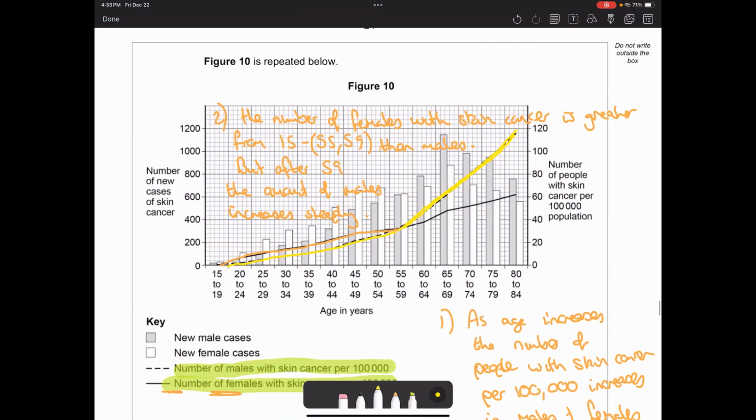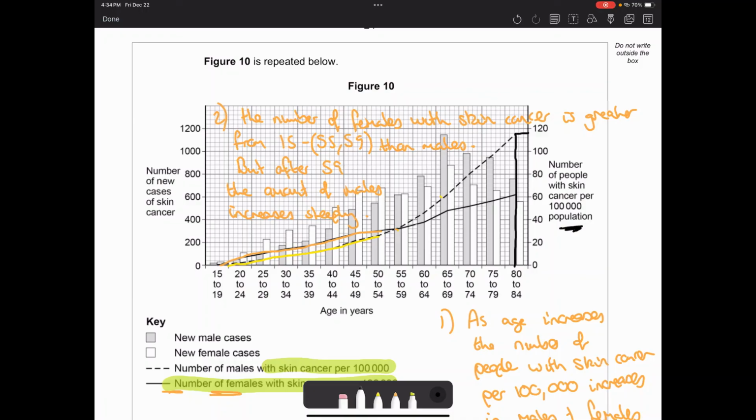So what I would then do is go back to my graph. I might need to just get rid of my annotations here quickly. So I know I'm looking at my male line, which is my dash line, and I'm looking at my 80 to 84 category, and I'm looking therefore at this point here. So what I would then have to do is read across, and remember I'm using my axes on my right hand side.